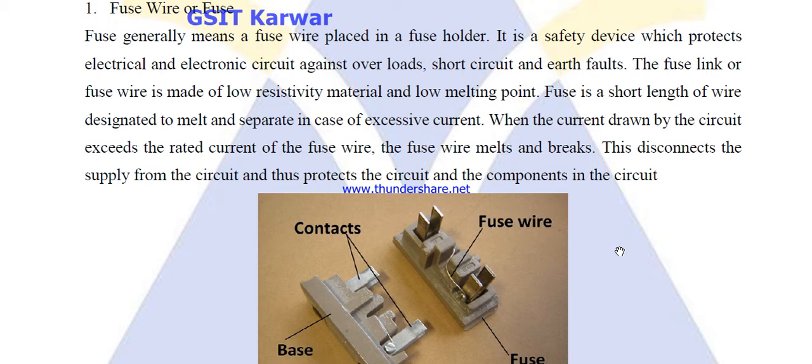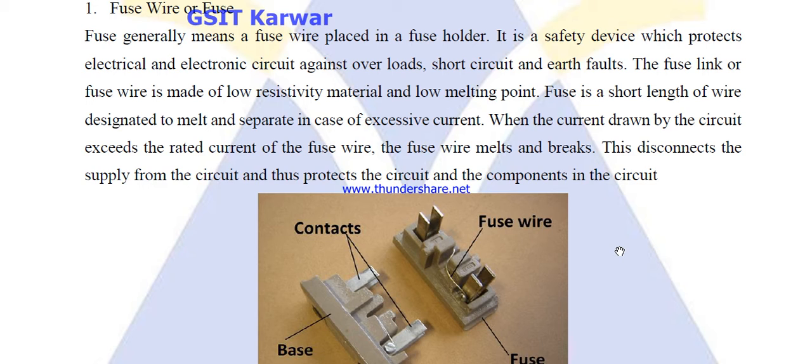The fuse link or fuse wire is made of low resistivity material with a low melting point. A fuse is a short length of wire designed to melt and separate in case of excessive current.